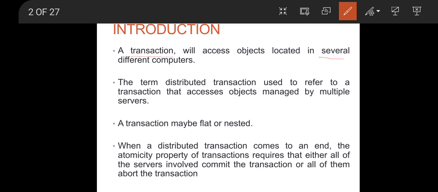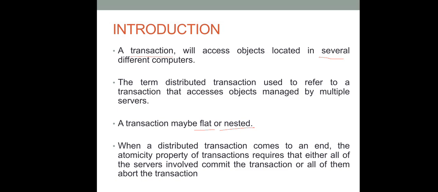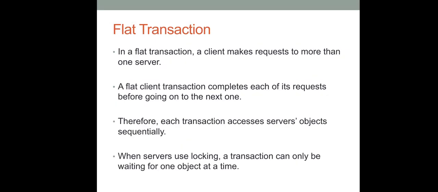There are various properties of a transaction called the ACID properties, out of which the important one is the atomicity property, and how atomicity can be achieved in a distributed transaction we will be discussing in this chapter. Now a distributed transaction is of two types: one is called a flat transaction, the other is called a nested transaction. We are now going to see in detail about these two different types of distributed transaction.